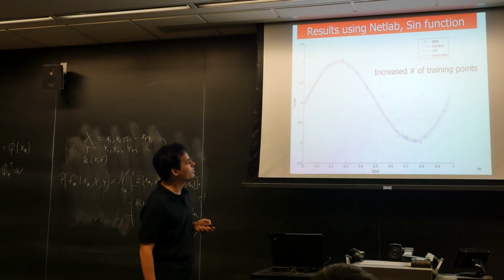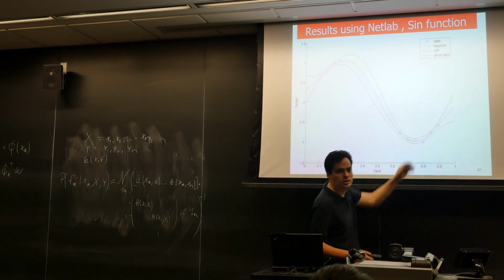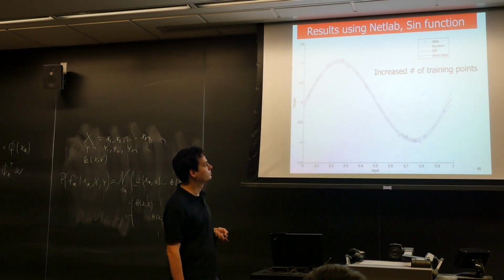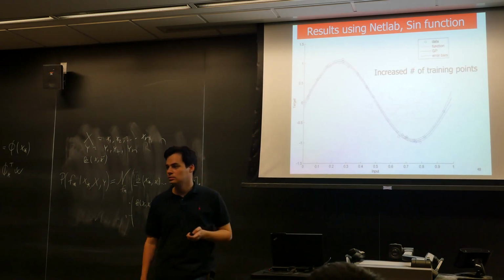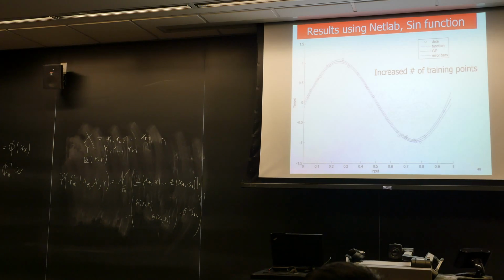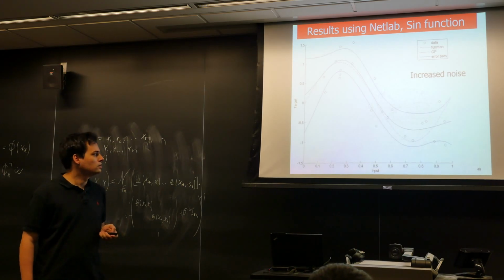If we increase the number of training points, then this variance will shrink. So you can see here. What you do is you pick a point on x, and then you pick a point on the curve sine with variance, whatever, and mean the value sine.